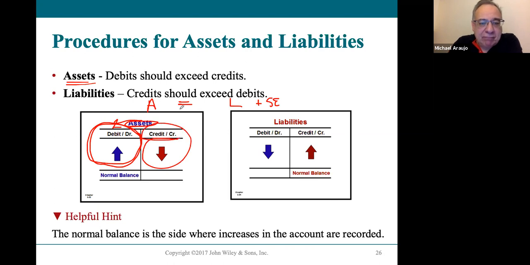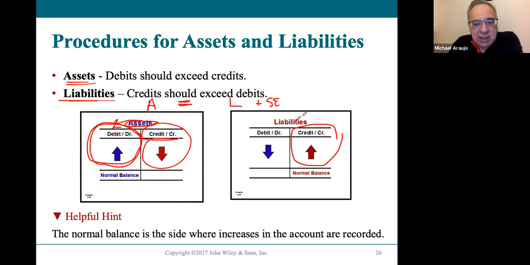As you see here, liabilities are different than assets. Liabilities increase on the credit side of their accounts. This is another reason why I like to use the balance sheet equation, because the liability accounts are on the right side of the equal sign.